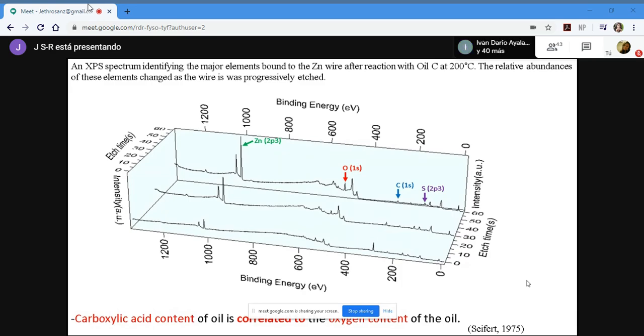So in this case, carbon and sulfur peaks were seen to diminish as we etched the wire, whereas the zinc and the oxygen peaks grew. We therefore conclude that zinc has a high chemical affinity for oxygen in crude oil. Since the carboxylic acid content of crude oil is correlated to the oxygen content of oil, this gives us independent evidence for the complexation of zinc by carboxylic acids in oil.